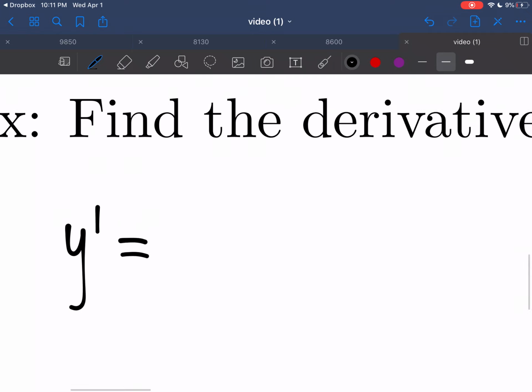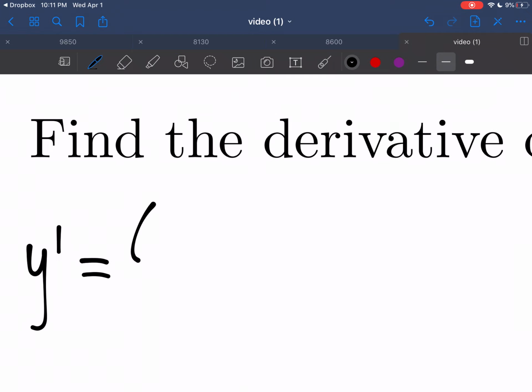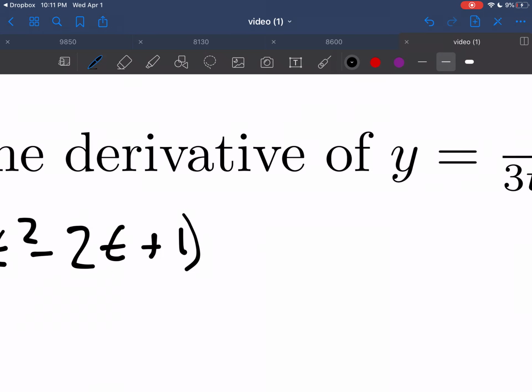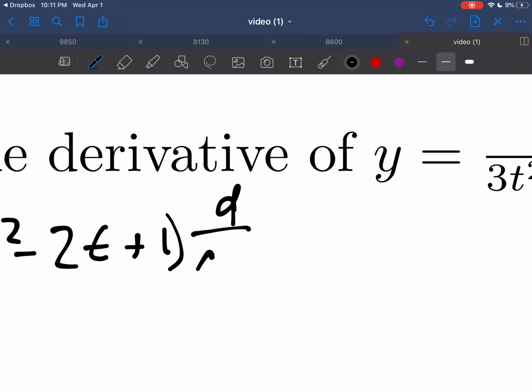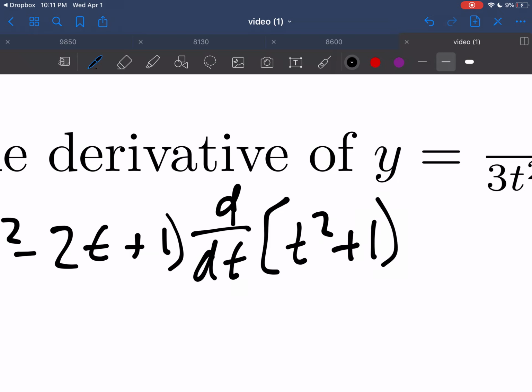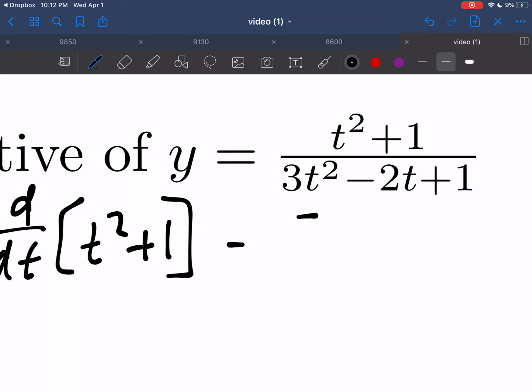All right, so it'll be low d high, so derivative of the numerator, okay, minus the numerator, so high.